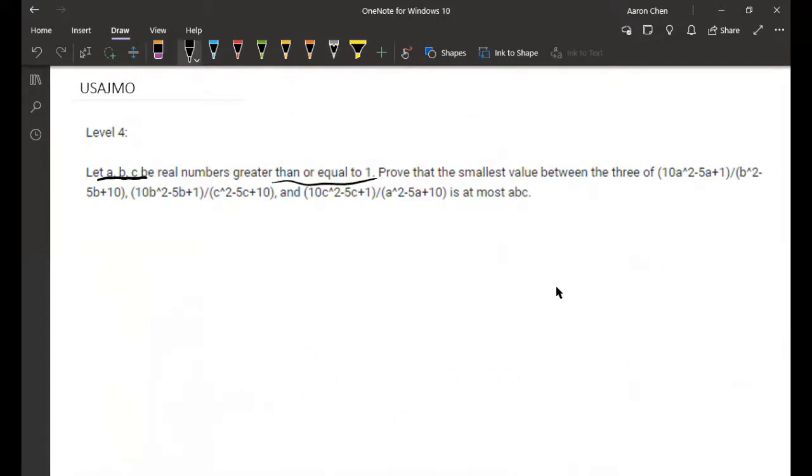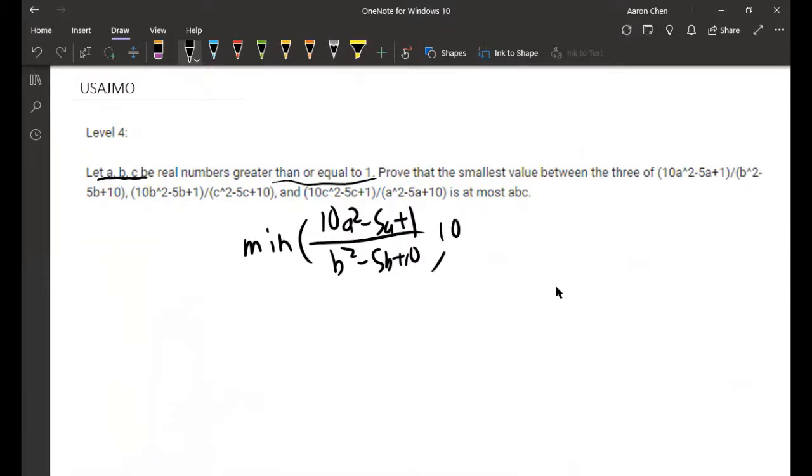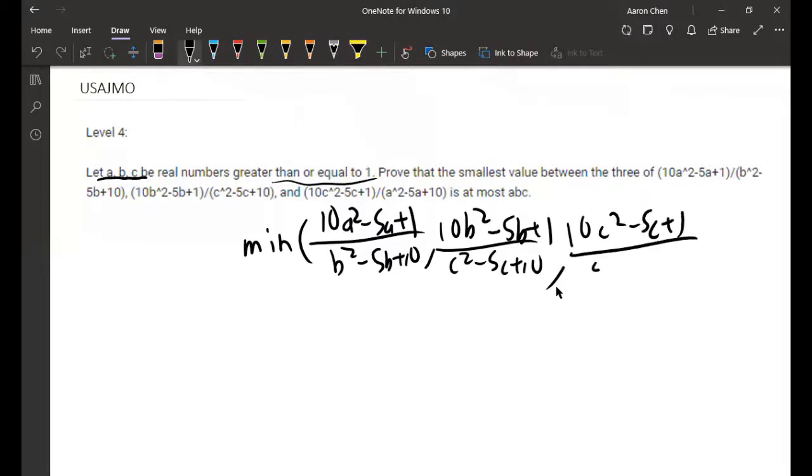And so show that basically the minimal value between (10a squared minus 5a plus 1) over (b squared minus 5b plus 10), (10b squared minus 5b plus 1) over (c squared minus 5c plus 10), and (10c squared minus 5c plus 1) over (a squared minus 5a plus 10) is at most ABC.